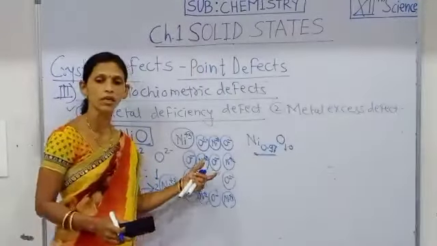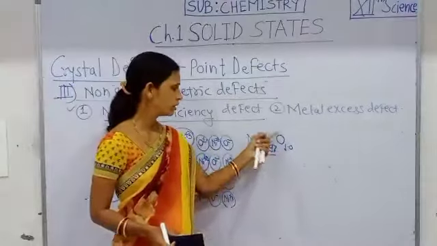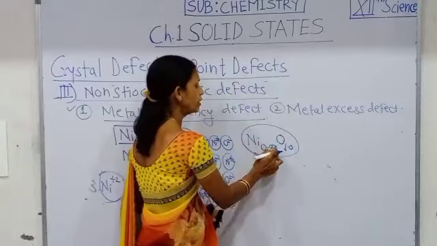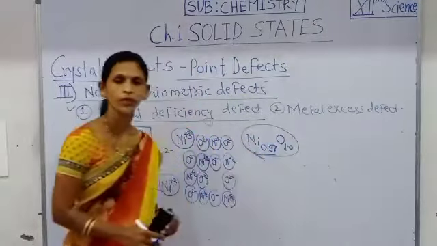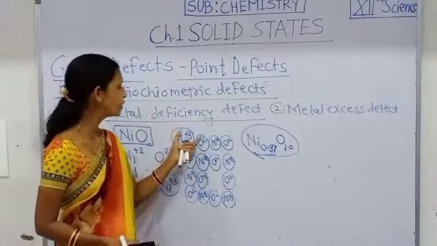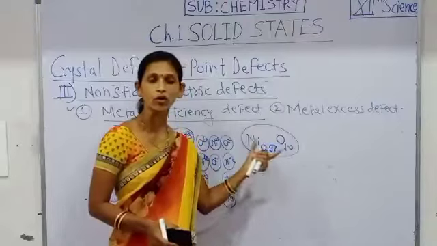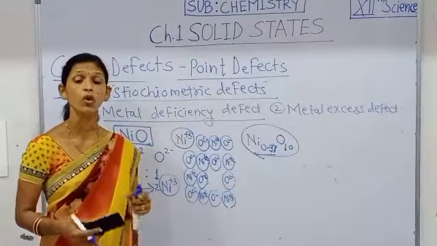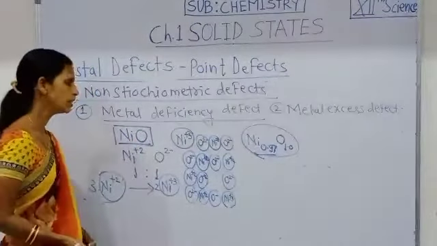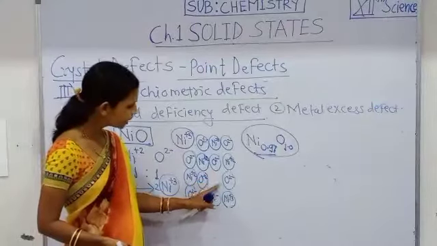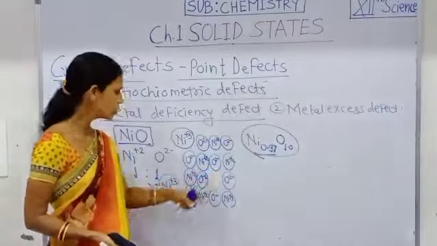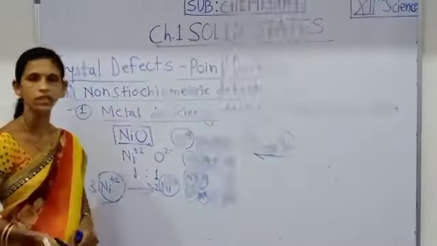Here the ratio of the constituent cations and anions changes into a non-stoichiometric ratio, and that is the metal deficiency defect. Metal deficiency means here Ni2 plus ion is missing from its original site, and that is the metal deficiency defect.